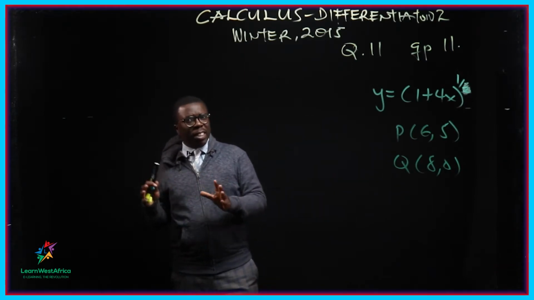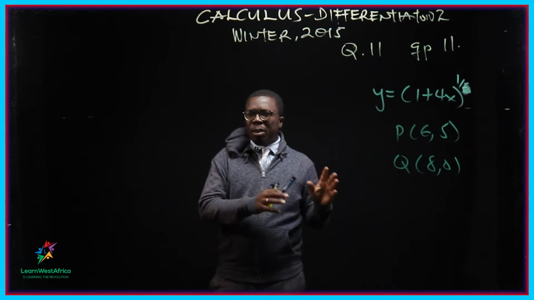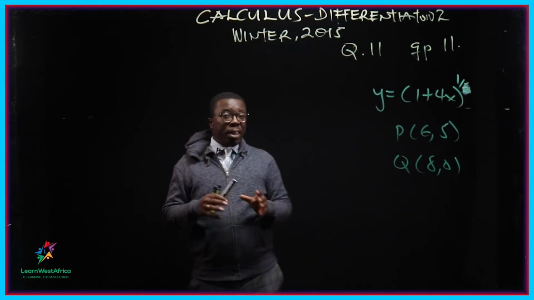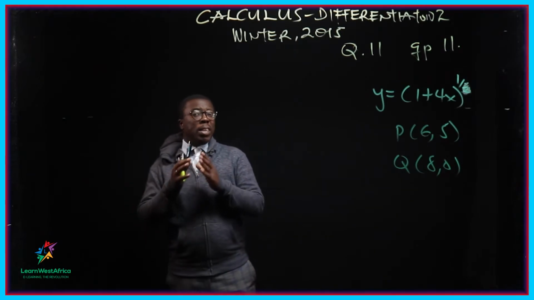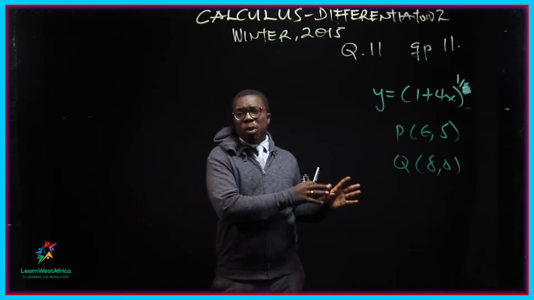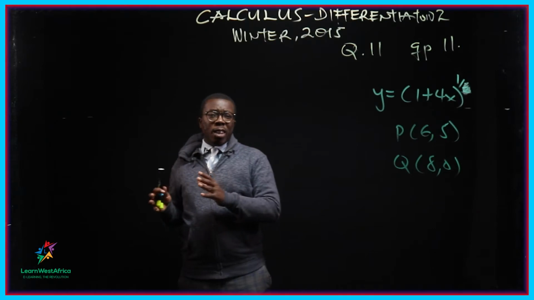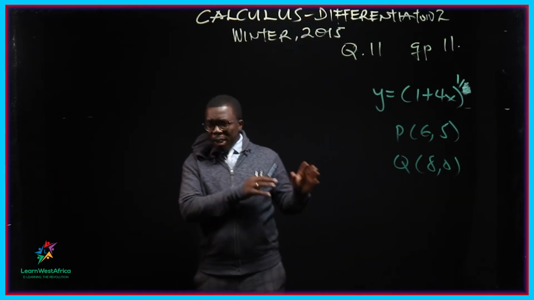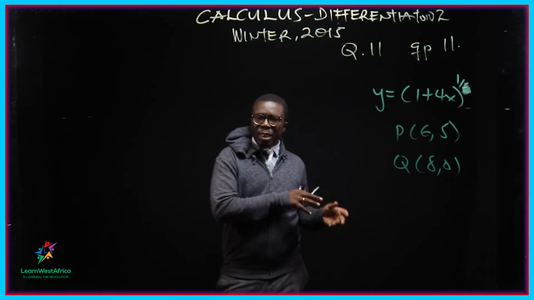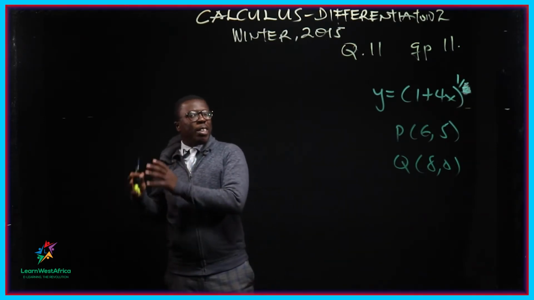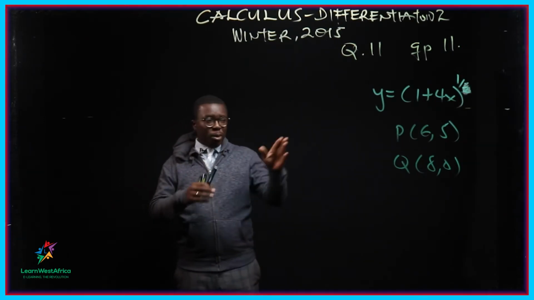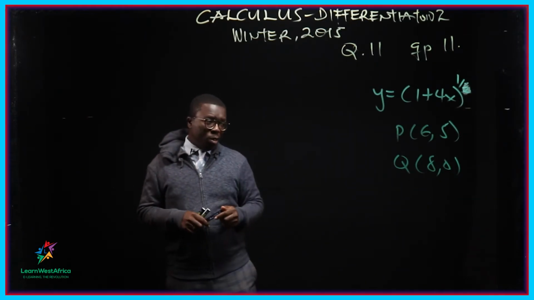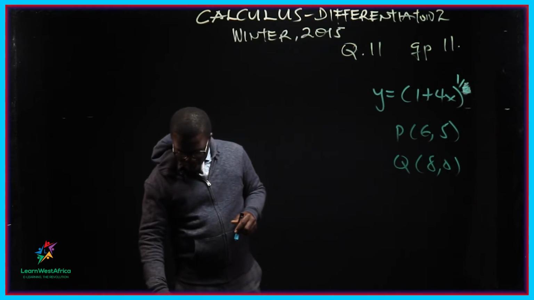The gradient of the curve at a particular point should be the negative reciprocal of the gradient of the normal. So the negative reciprocal of the gradient of PQ should be the same as the gradient of the curve at the point P, because that is where the line meets the curve, as you can see in the diagram.